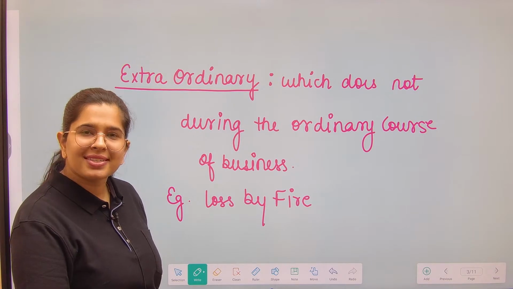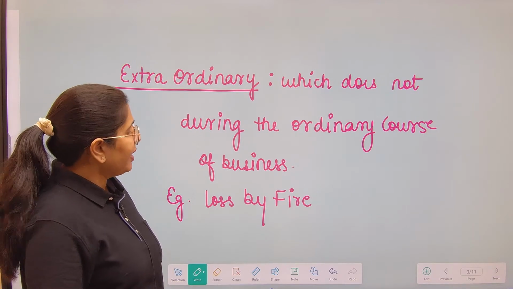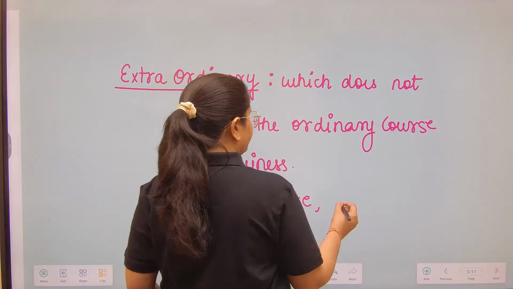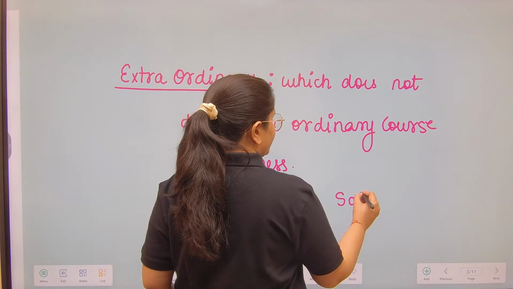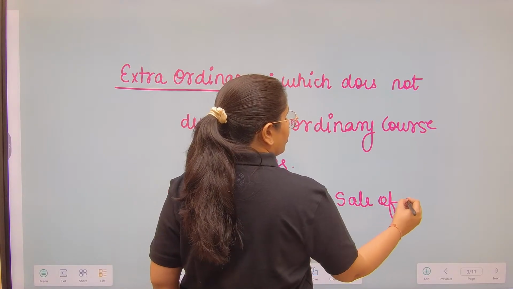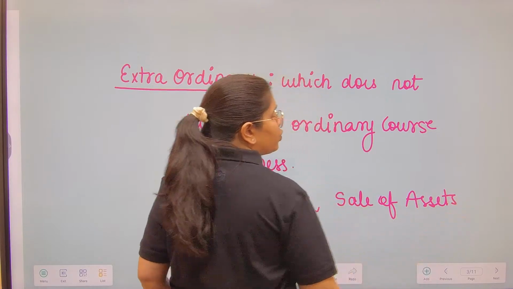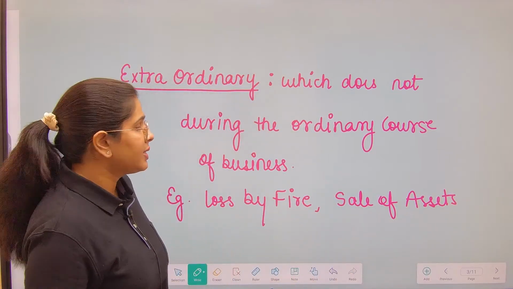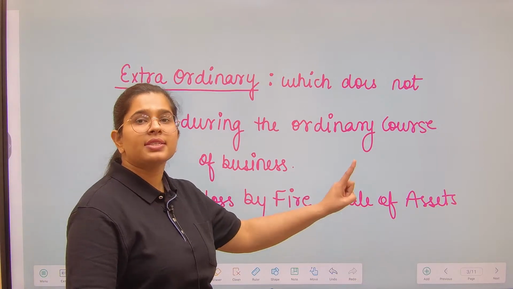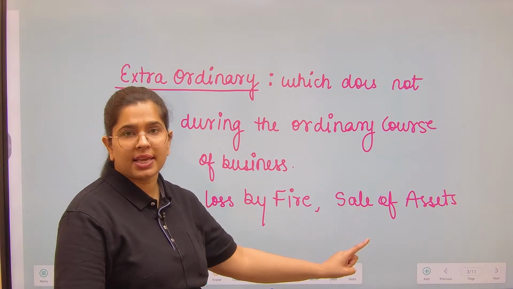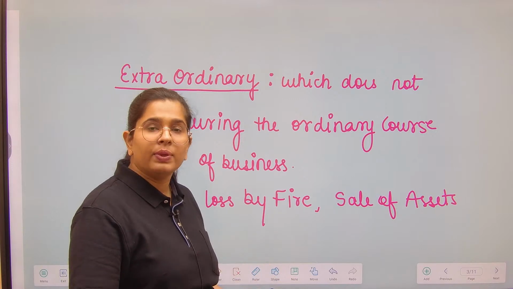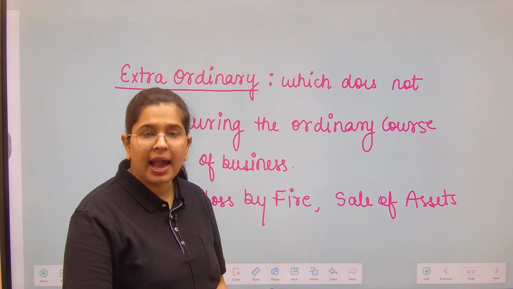No, because this is extraordinary. Another example is sale of an asset. You purchase the asset in order to use it in your business. If you are selling an asset, this is not an ordinary transaction in your business. This is an extraordinary item.